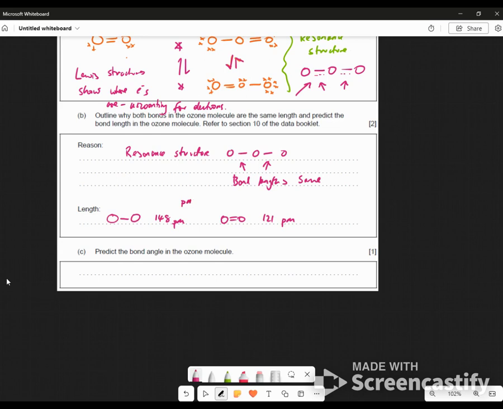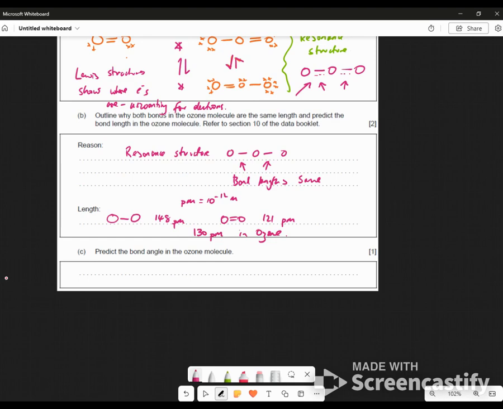Don't forget, a picometer is 10 to the minus 12 meters. So this in ozone is going to be somewhere between these two. A decent guess is 130. Let's say 130 picometers in ozone. All right, there you go.